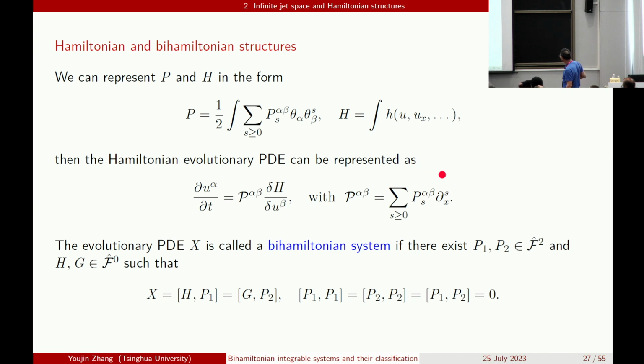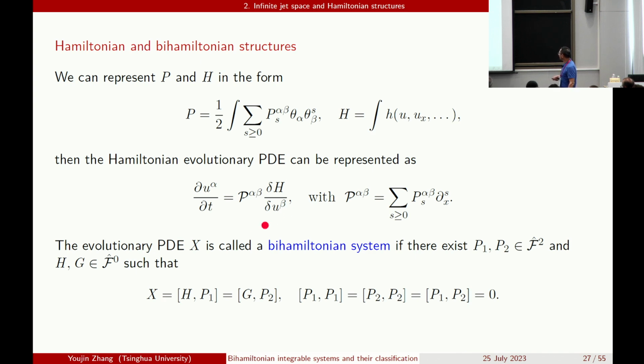And we require that this differential operator is antisymmetric. Then this form is unique, and we can obtain the Hamiltonian operator. So a Hamiltonian system means that, as usual, we can represent the Hamiltonian system as the action of a Hamiltonian operator on the variational derivative of certain local functionals. So this can actually be represented in the usual sense of what is a Hamiltonian PDE.